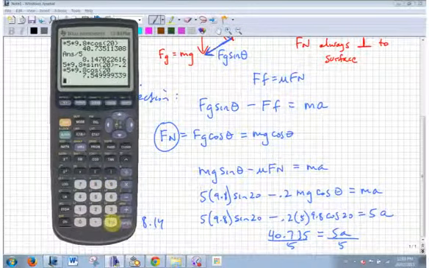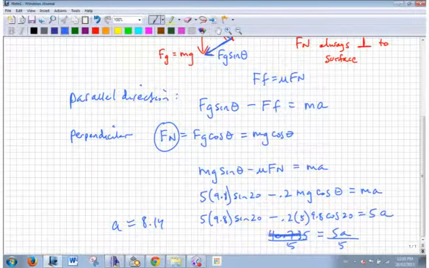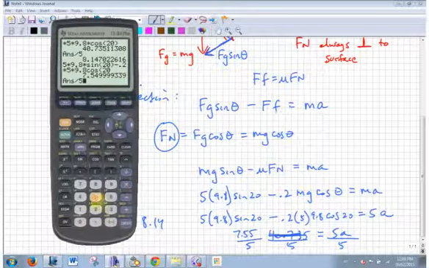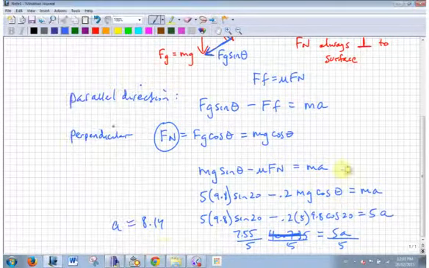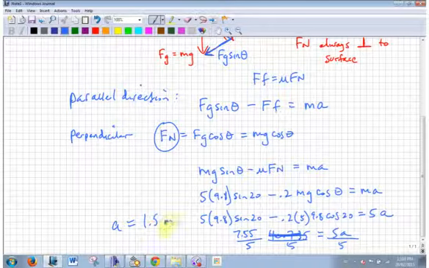Oh, there we go. 7.55. Divide that by 5, and that should give me 1.5. That's better. Okay.